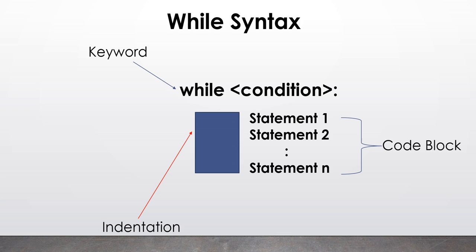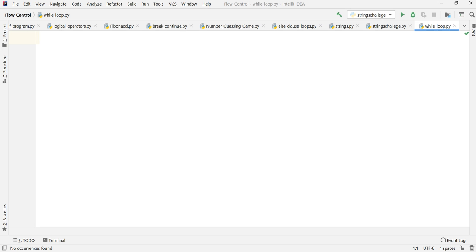Now we are in our IntelliJ IDEA, and let us try to understand this while loop comparatively using a for loop. Let us write simple code for a particular problem statement using a for loop, and then see how it can be done with a while loop. The problem statement is: suppose I want to see the even numbers within the range 1 to 10.